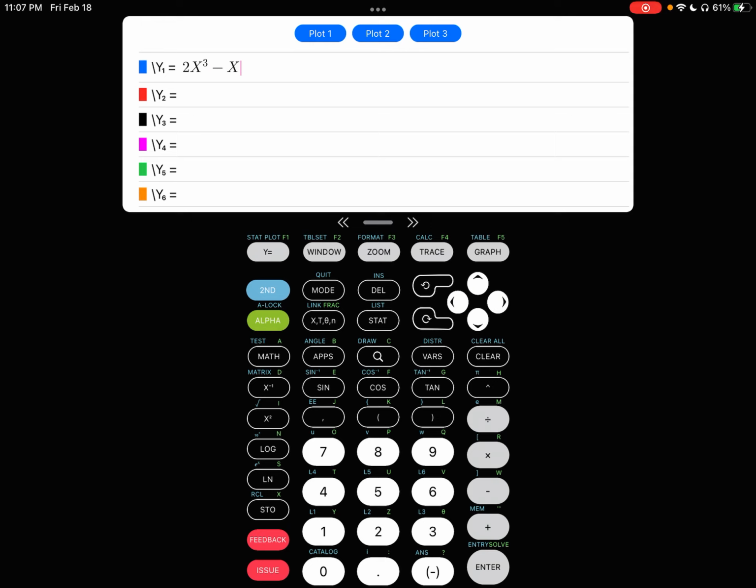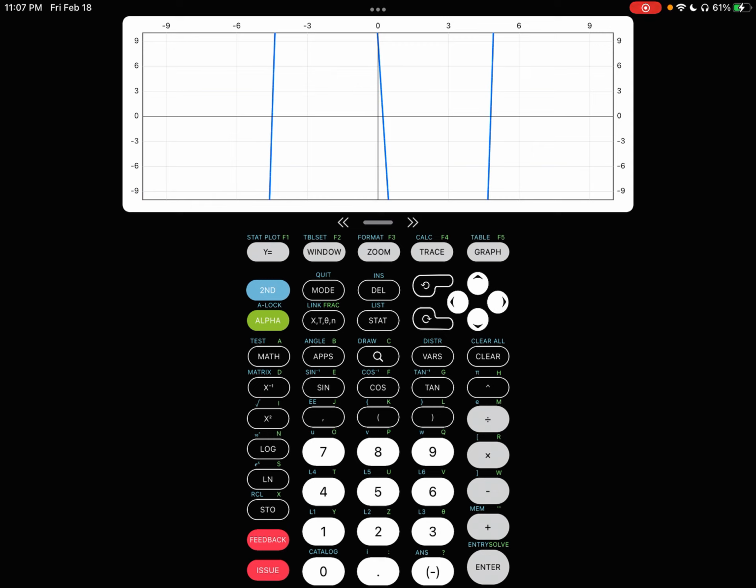These calculators have a squared button right there, so that's good. It already stays on the base level, minus 43x plus 9. So this is our function. So once you have done this, hit the graph button.